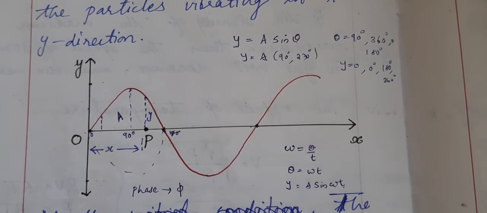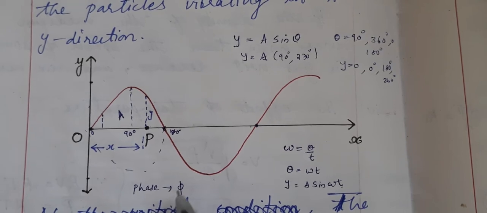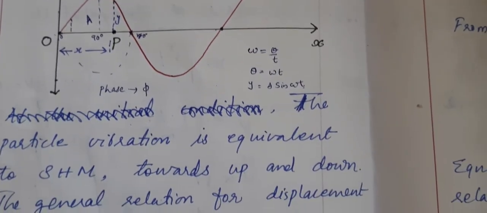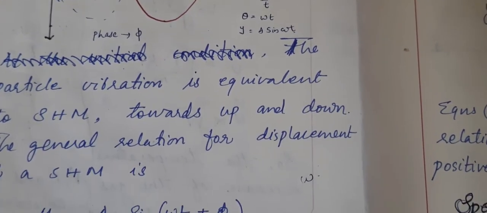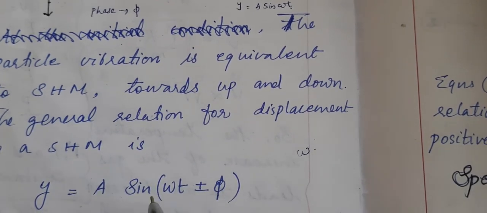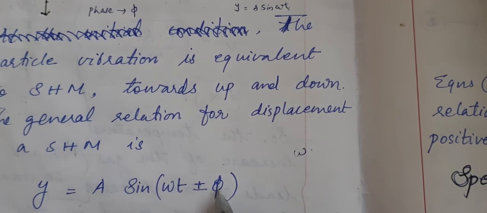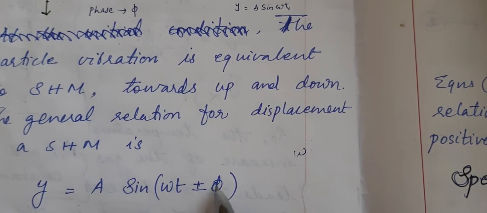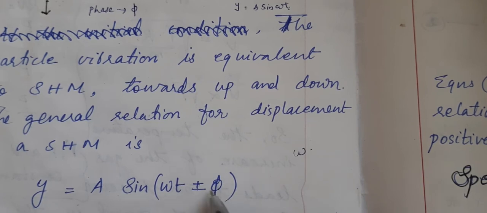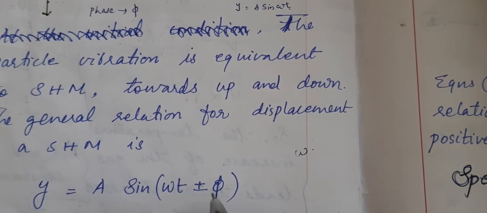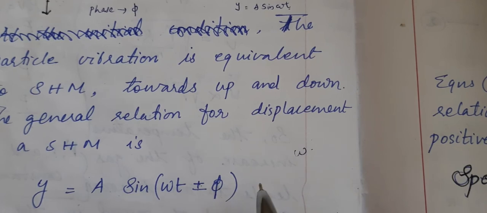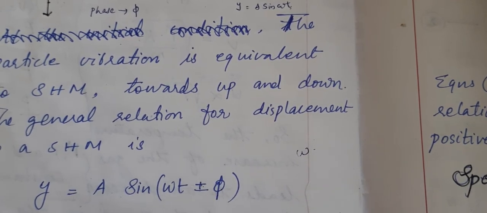So including this phi, we say the displacement y is equal to a sine omega t, which was already there, plus or minus phi. That means it will be some angle behind the particle or above the particle. So that's why we put a plus or minus symbol for phi.